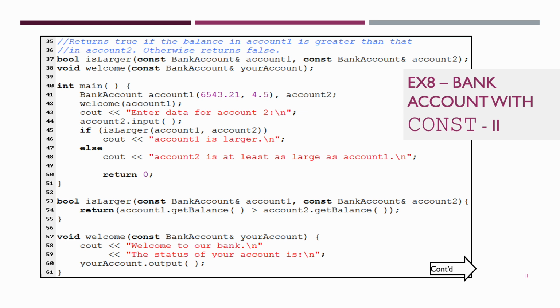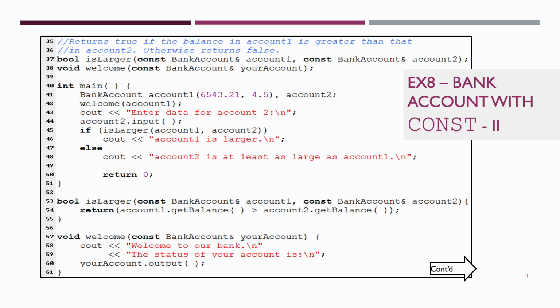On the next line, the welcome function is called with account 1 as the argument. The function will display a welcome message and print the status of account 1. Next, the program prompts the user to enter data for account 2. So account 2 dot input gets the input from the user.